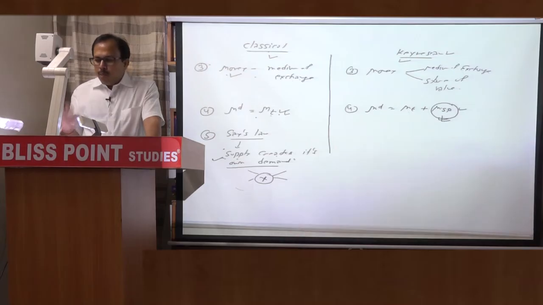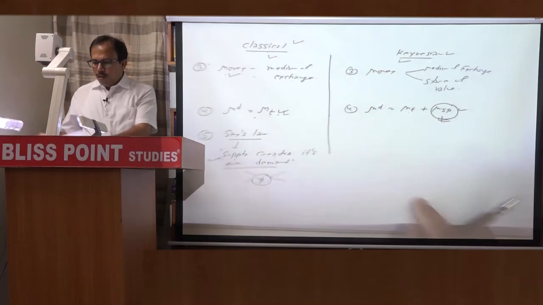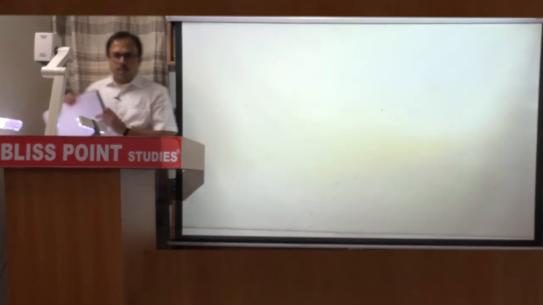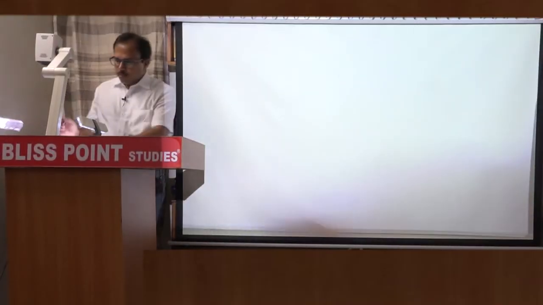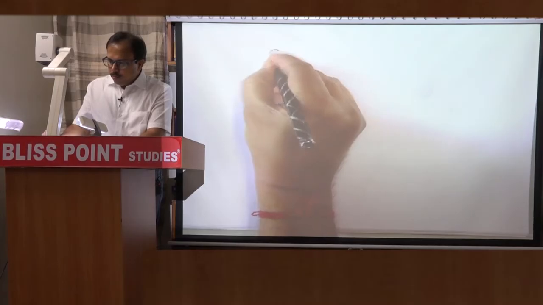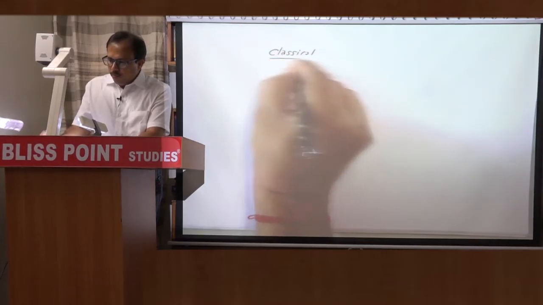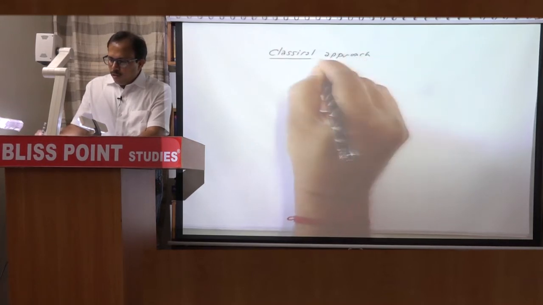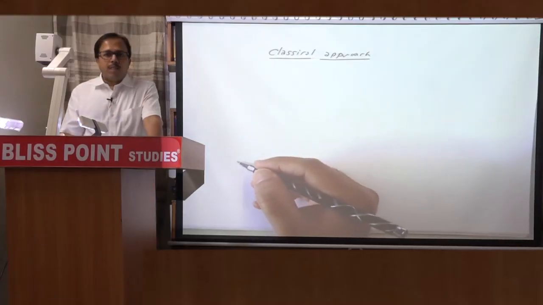So we have to start with the classical approach, and now we are focusing mainly on it. It is the classical equilibrium model, we can say.